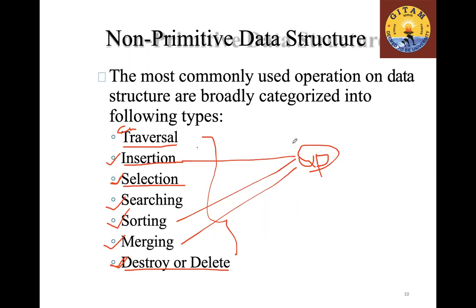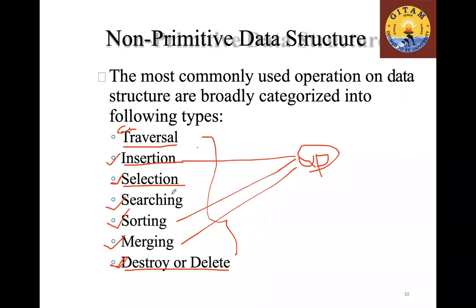Using this, I want to just tell you that you cannot traverse zeros and ones completely. So there is no traversal in the primitive data structure. You can select a primitive data structure, you can create it, you can update it, and you can destroy or delete it.